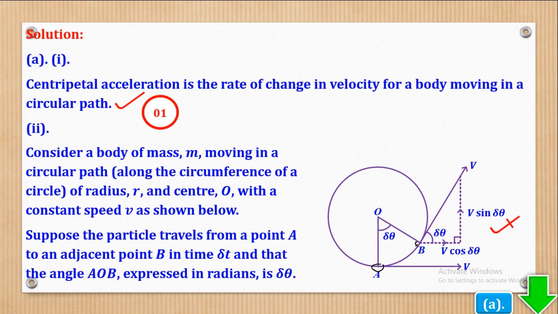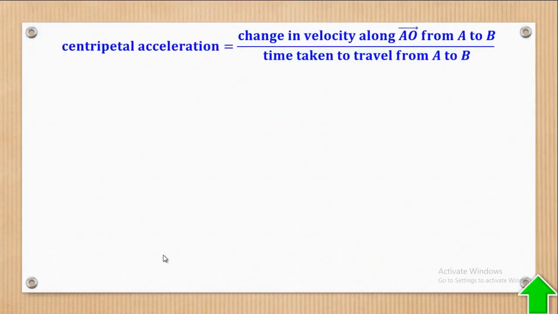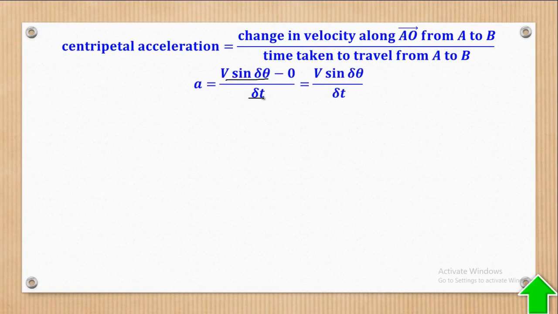But at this point, the vertical component is v sine small change in theta. Therefore, the change in velocity will be this minus 0, and the time taken will be this, which is small change in t. So you come here and substitute that. Acceleration will be equal to this change in velocity over time, where this is minus 0, so you come up with v sine small change in theta over small change in time.